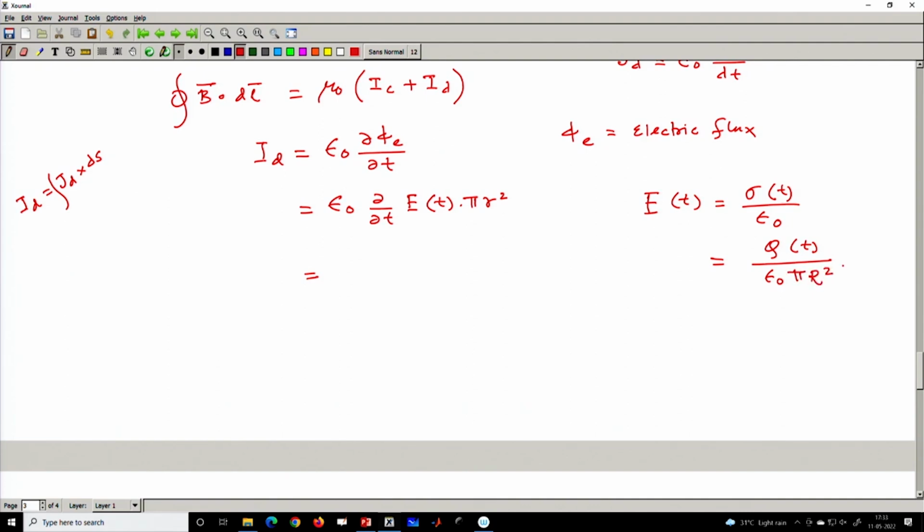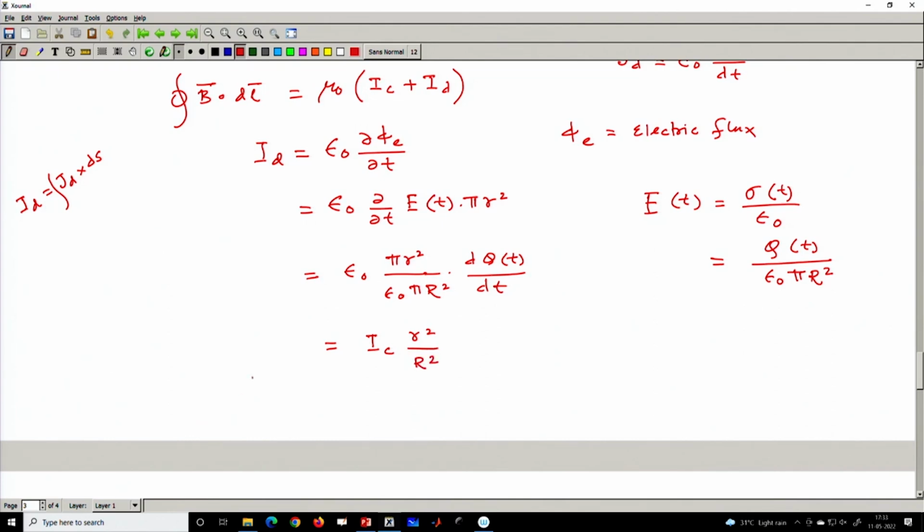So here it is epsilon naught d/dt of that thing, pi r square, and we have epsilon 0 multiplied by pi R square, and then dQ(t)/dt. This eventually gives me IC multiplied by r square divided by R square.